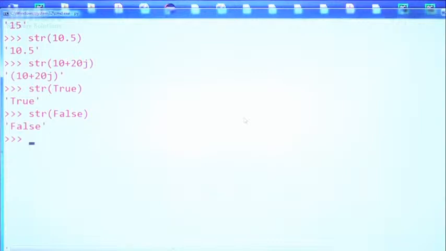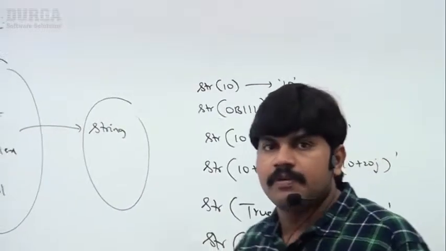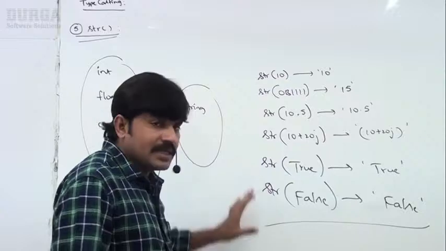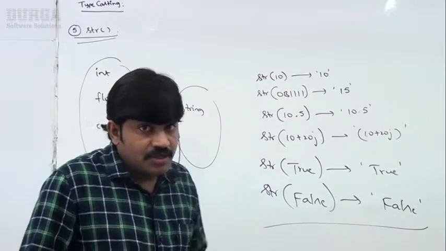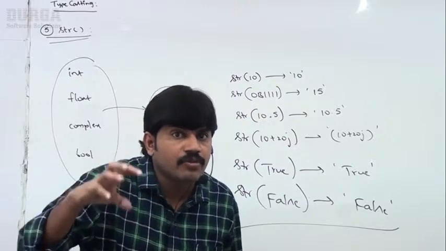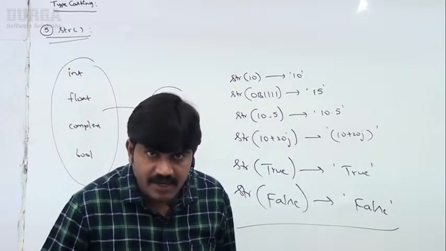Okay, clear, right? So this is how to convert other types to string type, how to use the str function. That's all. It's very clear how you can perform typecasting by using these Python inbuilt typecasting functions. Clear, right?